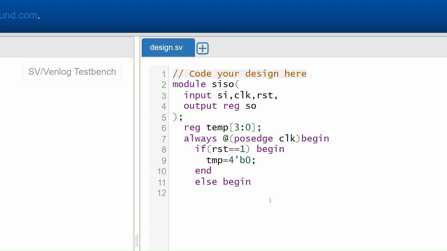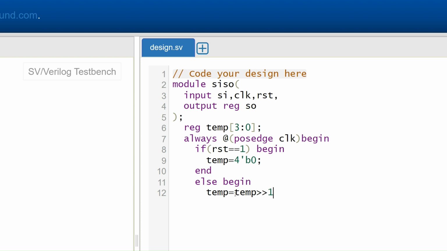Else begin. What we have to do: first, the temp will be right shifted one time, because we are considering left to right. So I am considering the right shift operation. If you consider right to left, then you will use the left shift operation. Based on your design, you can choose any shifting operation to meet your requirements.